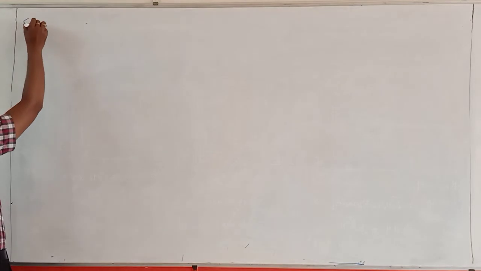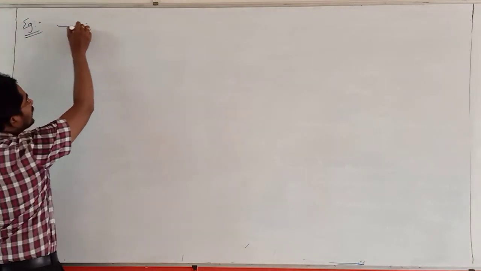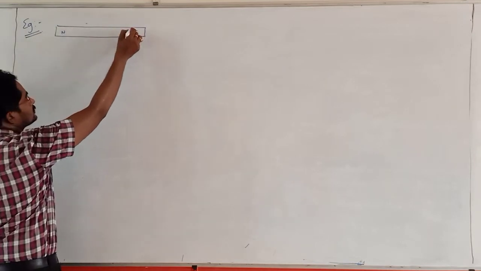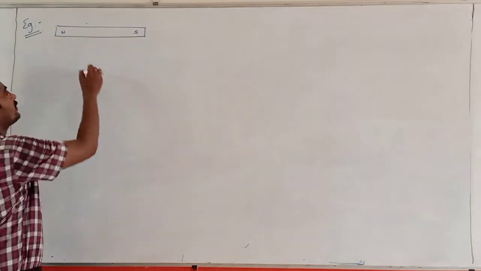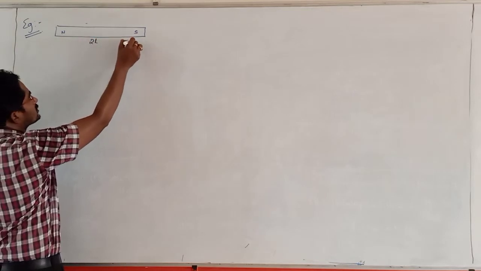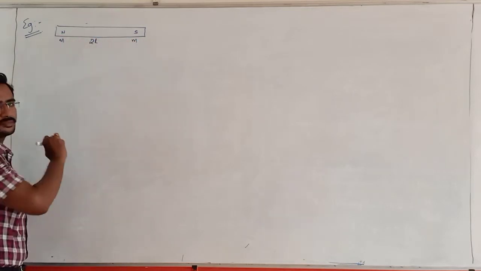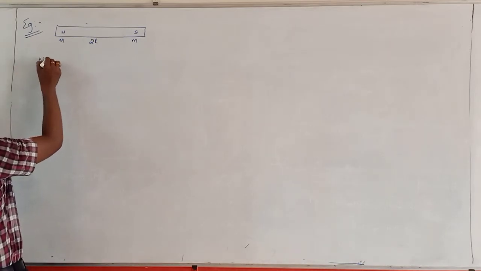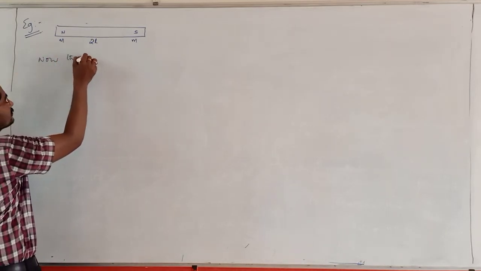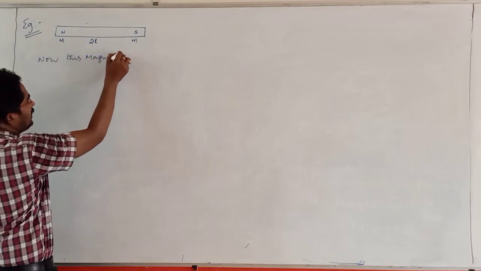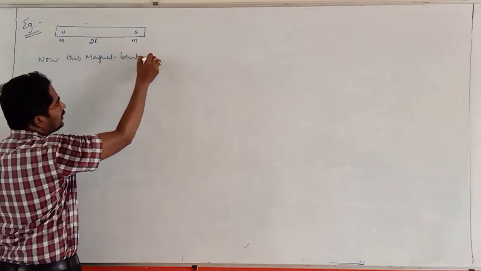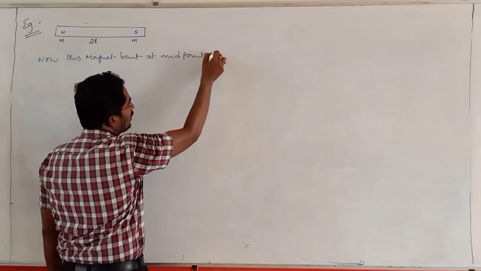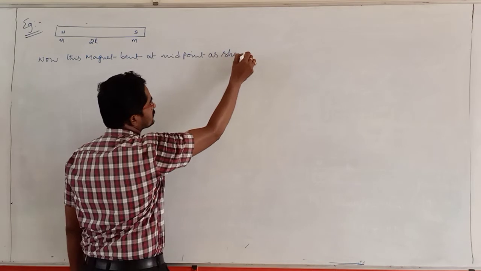Example problem. A bar magnet is considered here, of length 2L and pole strength M. Now this magnet is bent at the midpoint as shown in the figure.